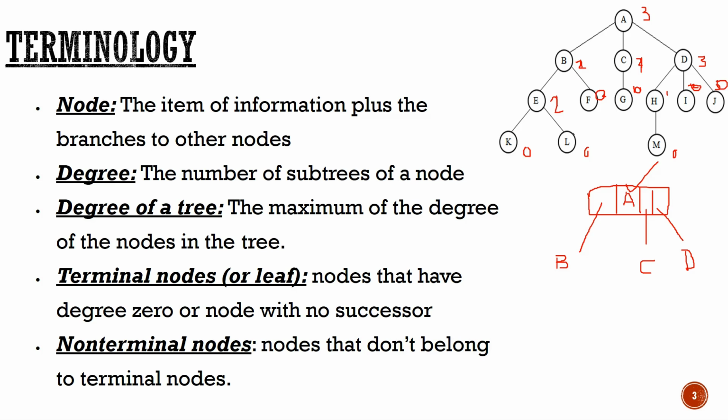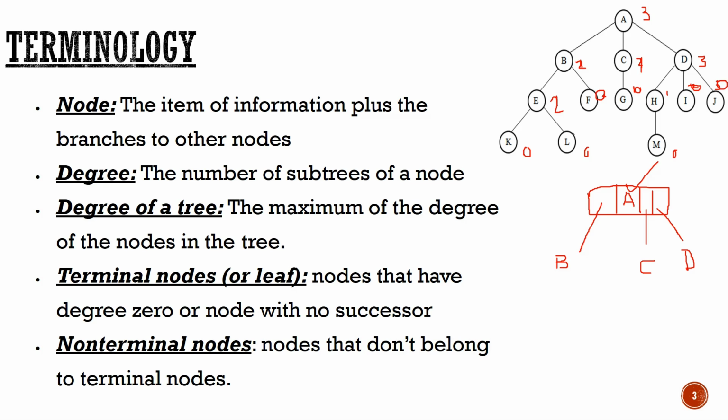Now what we learned is the degree of each node. The number of subtrees of a node, we call the degree of the node. If we go for the degree of a tree, the maximum of the degree of the nodes is the degree of the tree. So what is the maximum degree here?